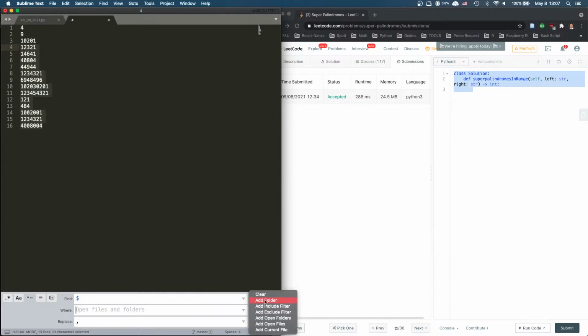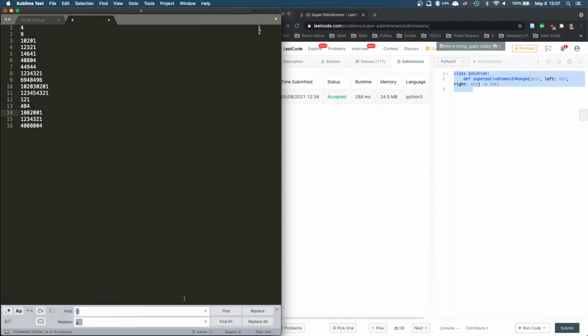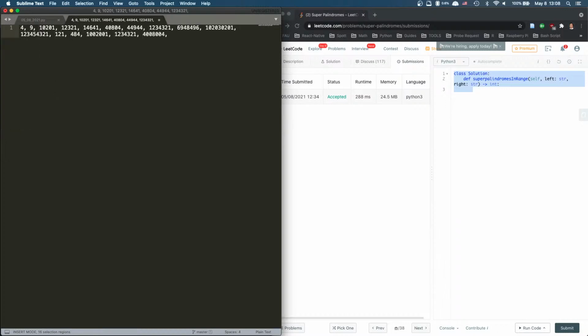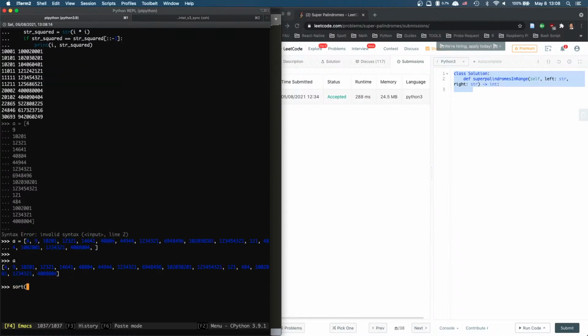Is this new? No. Wait, I don't understand. Find replace. So it's an alt. And then we can do this trick. And then we can go to here. A.sort.